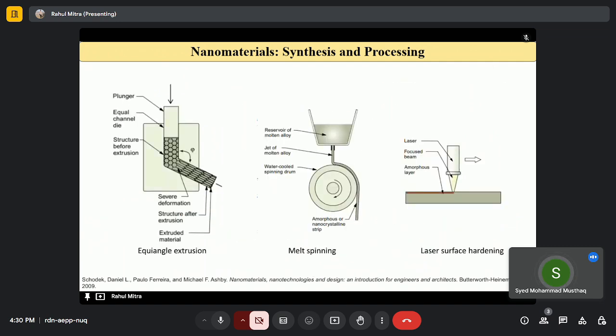This is a top-down approach where we have a material with all three dimensions in the millimeter range, but after heavily deforming in one direction, the grains deform in that direction, which results in elongation along one axis and the formation of nanocrystalline grains.